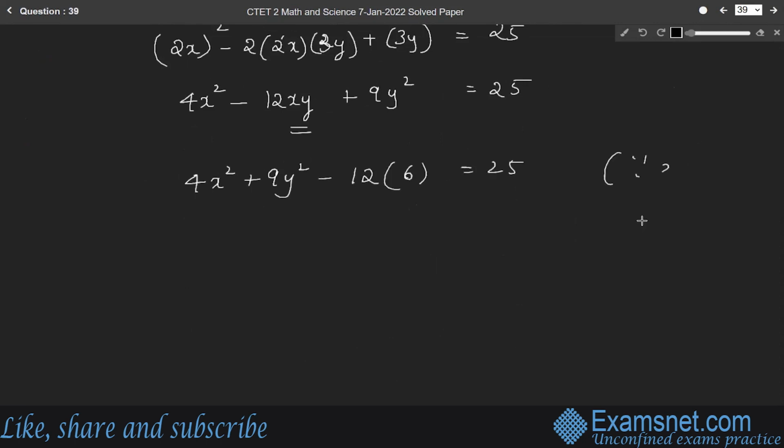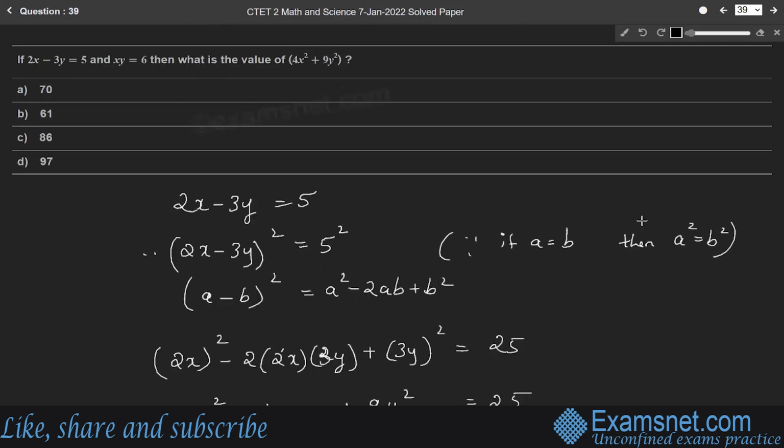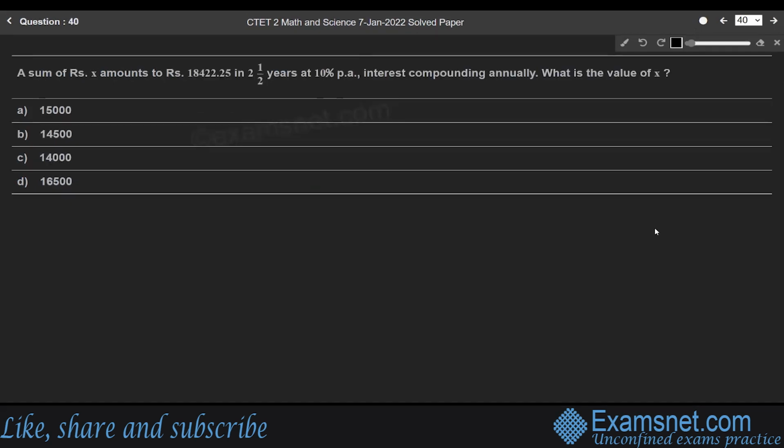Therefore, 4x square plus 9y square is equal to 25 plus 72, which is equal to 97. Right? So the value of 4x square plus 9y square is 97. Hence option D.